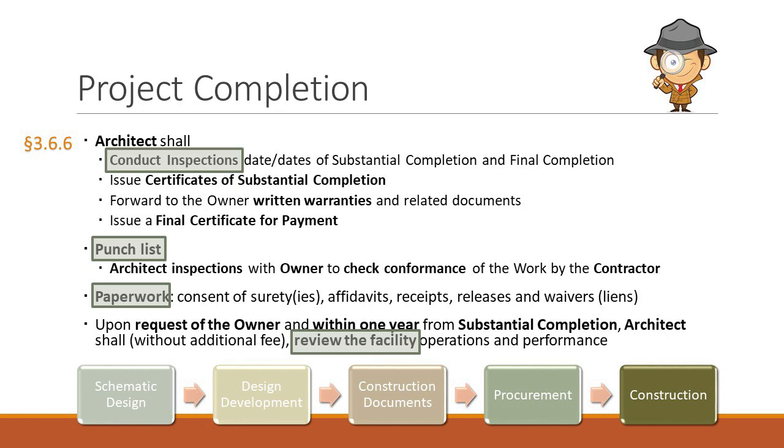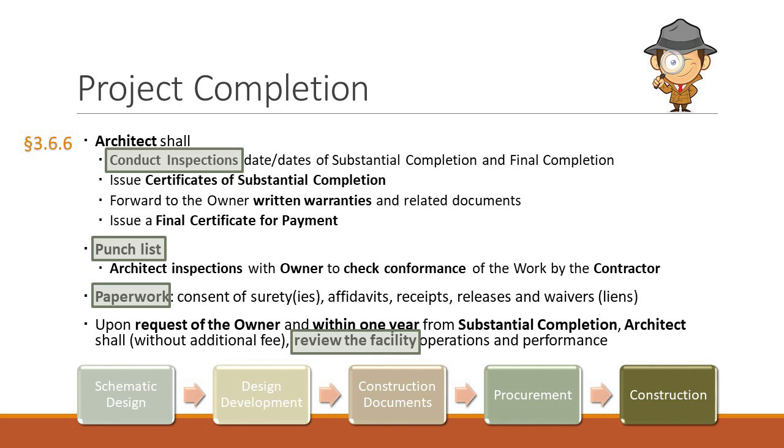You shall conduct inspections at the final completion, either at substantial completion or final completion. You're obligated to issue certificates of substantial completion. If it looks like the building is fit for its intended use and purposes, you issue that certificate. You're going to forward to the owner any warranties or other documents that have been collected, so the pumps and the air conditioners and anything that has a warranty.